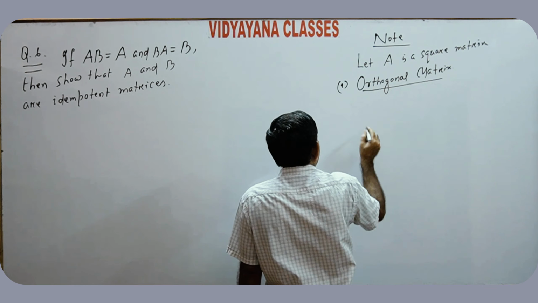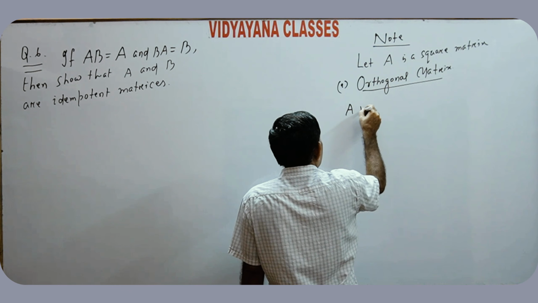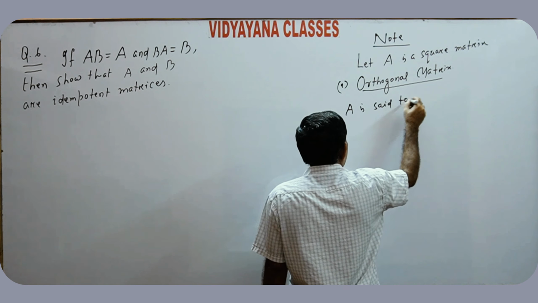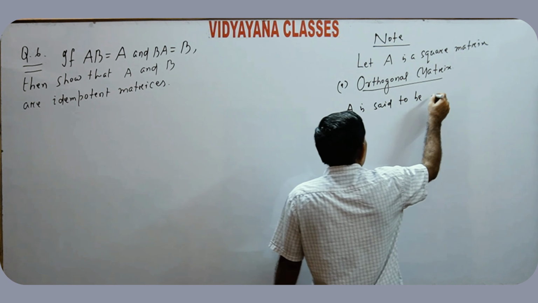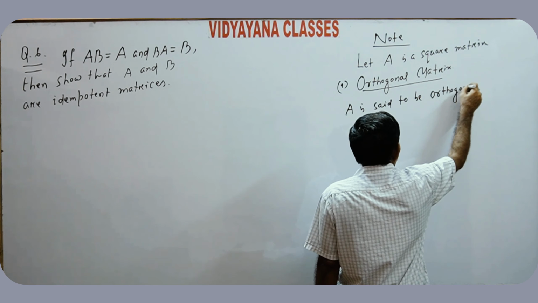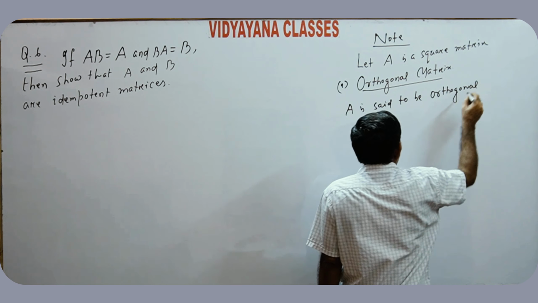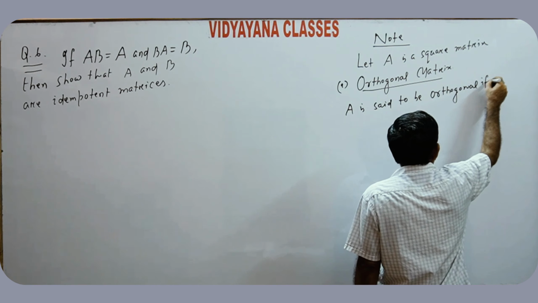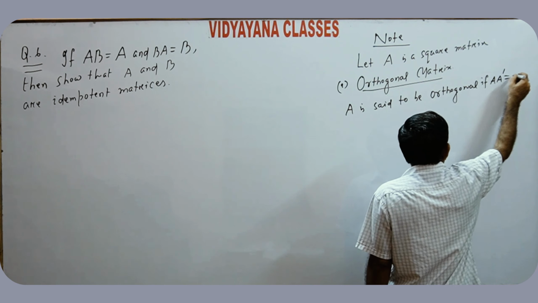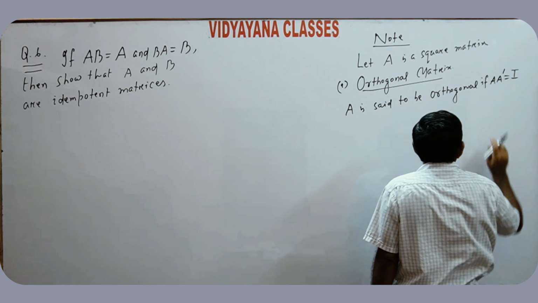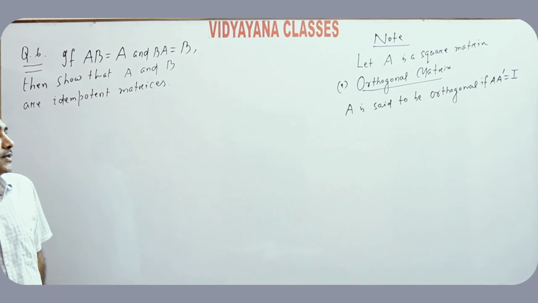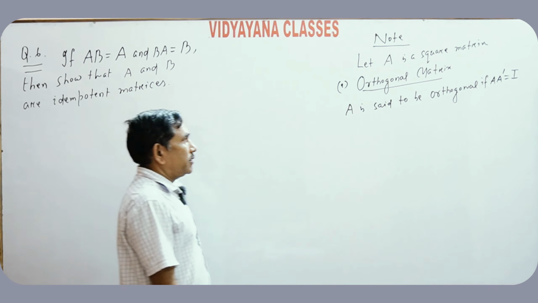Capital A is said to be orthogonal if A into A transpose is equal to the identity matrix. That means the unity matrix.